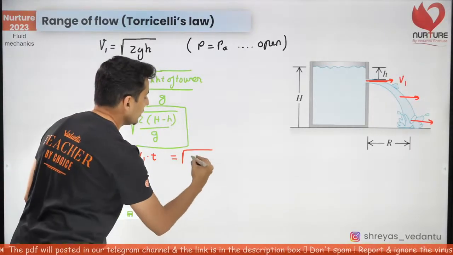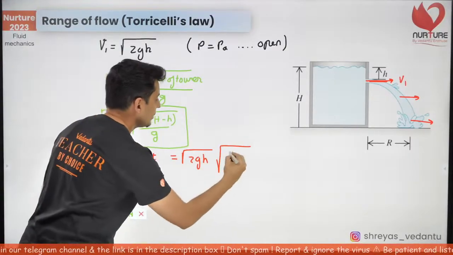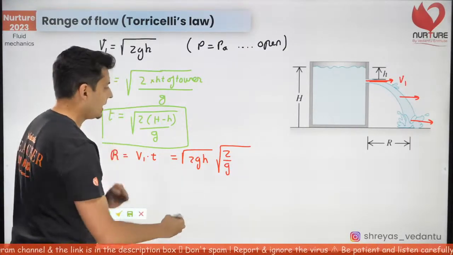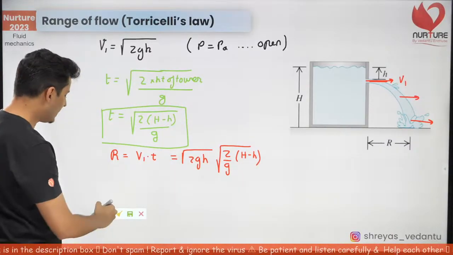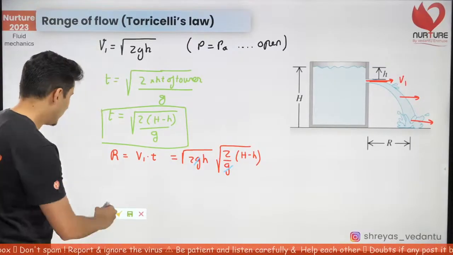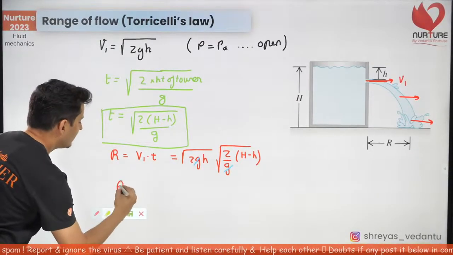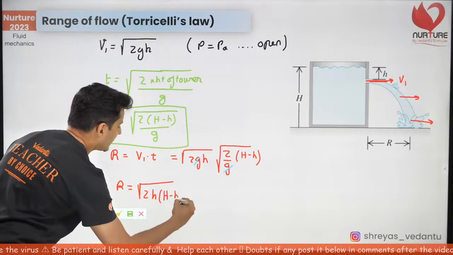V1 is root of 2GH and time is nothing but the root of 2 by G times H minus h. You can clearly see from here G and G cancel, 2 twos are 4. So hence you are going to get the range as the root of 2 times h into H minus h.